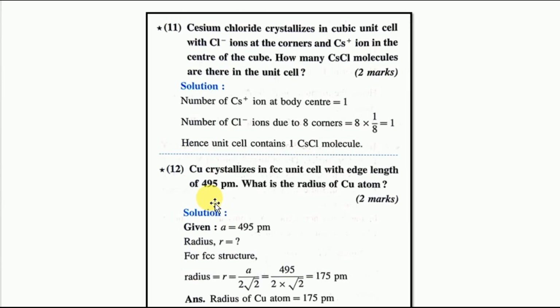Next is, Cu crystallizes in FCC unit cell with edge length of 495 pm. What is the radius of Cu atom?